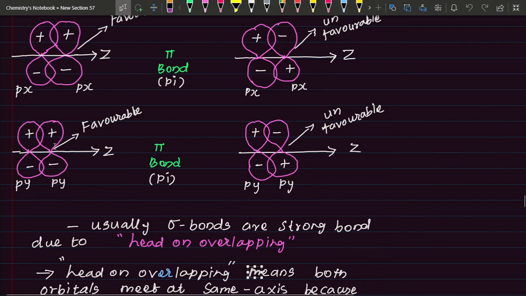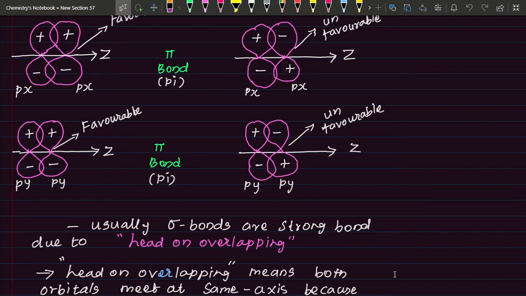Both are positive sign, so this is favorable. These are negative and positive sign, so unfavorable. Z axis, this is the pz, this is the py. Here px, px axis. See below.